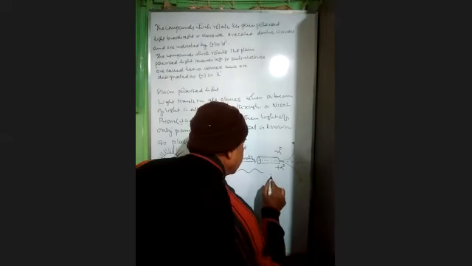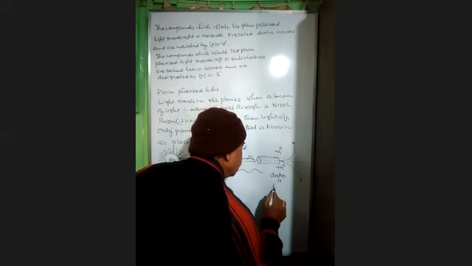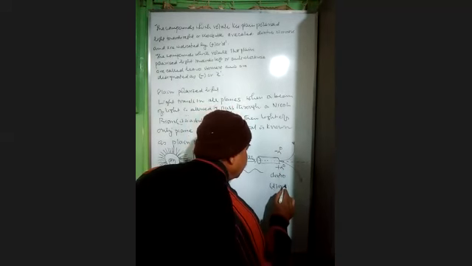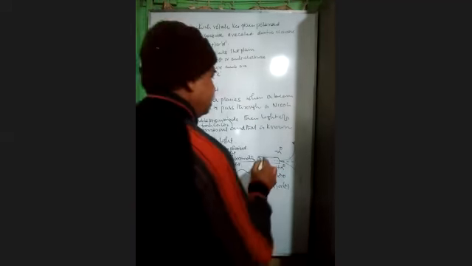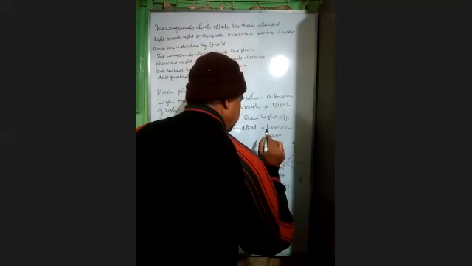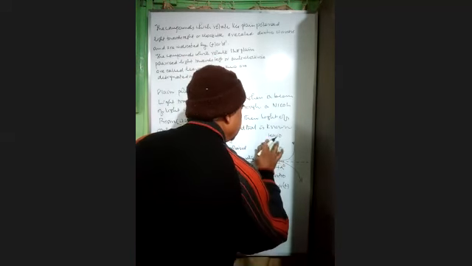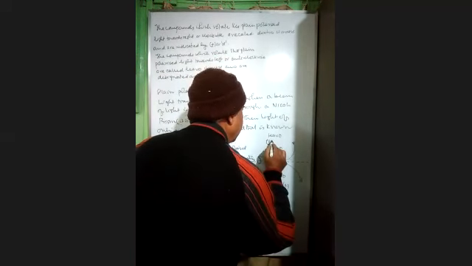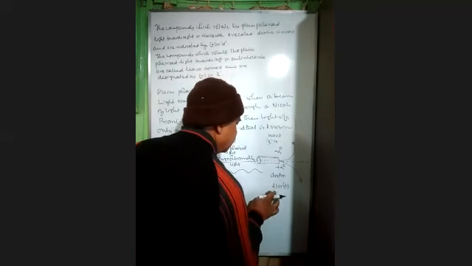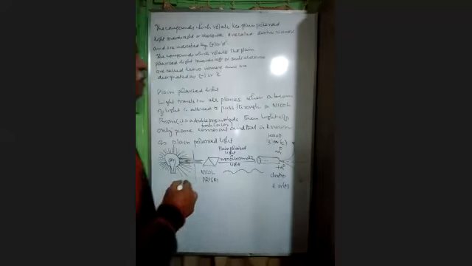So this is called dextro. How to designate? D or plus. And these are called levo. How do you designate? We call it L, or minus.